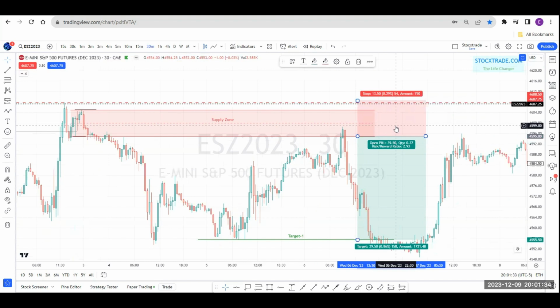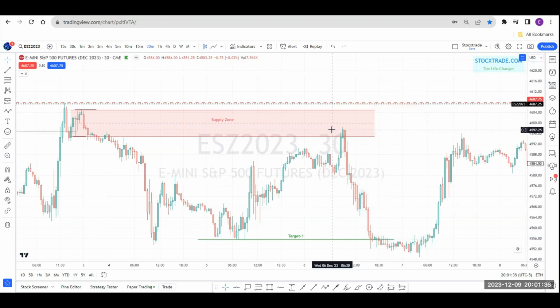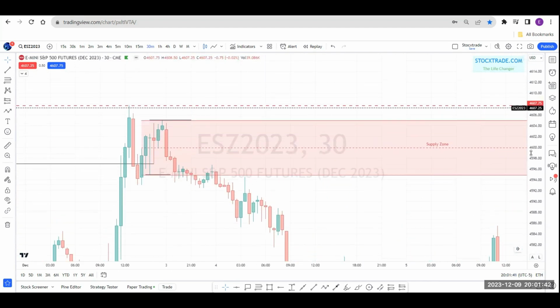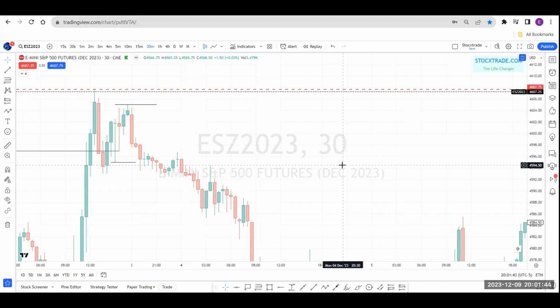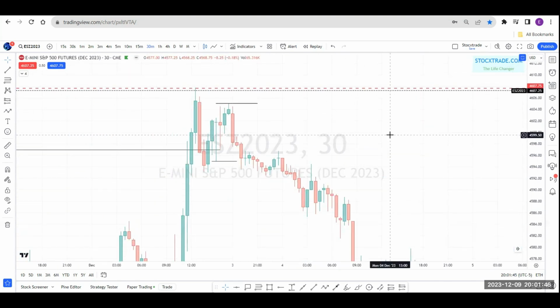Now the price is coming into the supply zone, and this is the fresh supply zone. I can enter. But suppose I don't mark this supply zone. Going by my words, the last candle before the reversal is your supply zone.